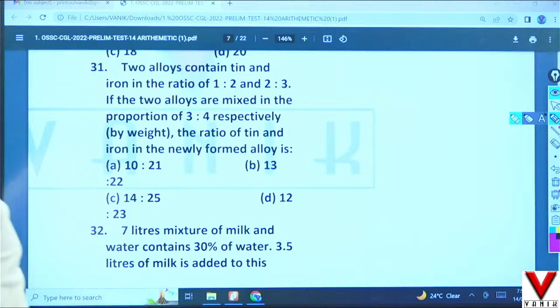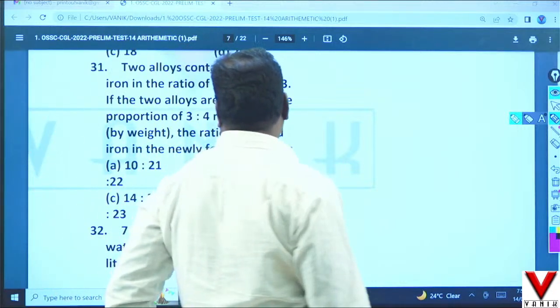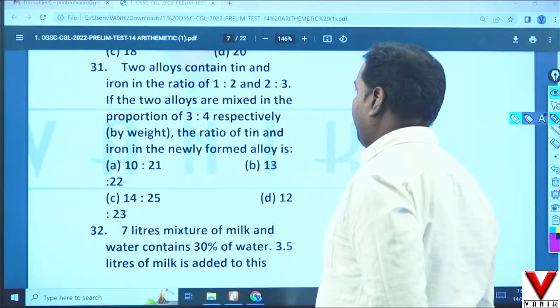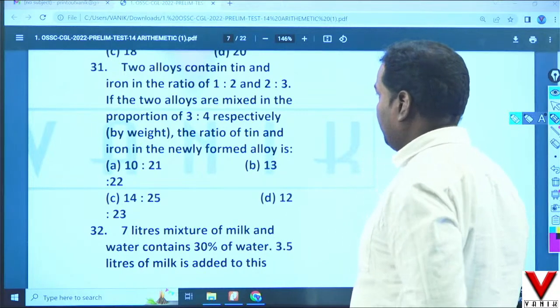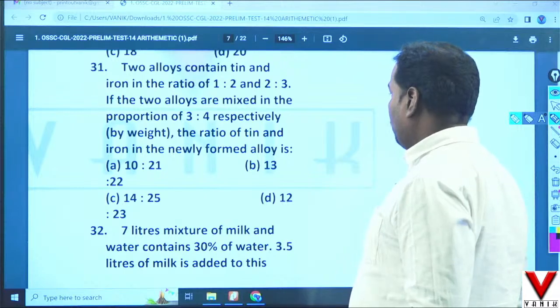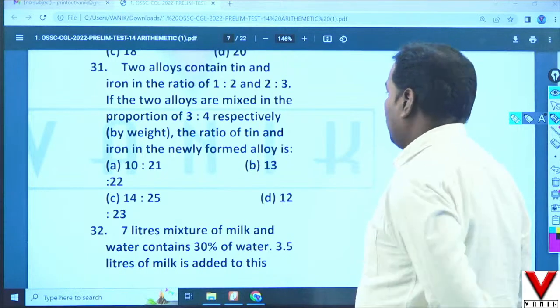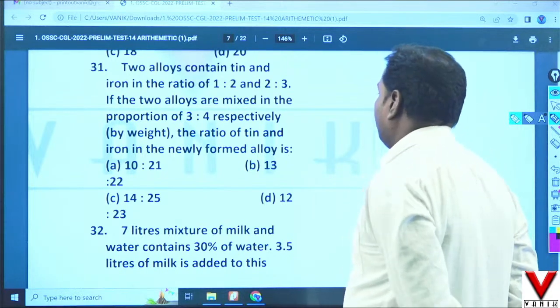Two alloys contain tin and iron in the ratio 1:2 and 2:3. If the two alloys are mixed in the proportion 3:4 respectively by weight, the ratio of tin and iron in the newly formed alloy is what?